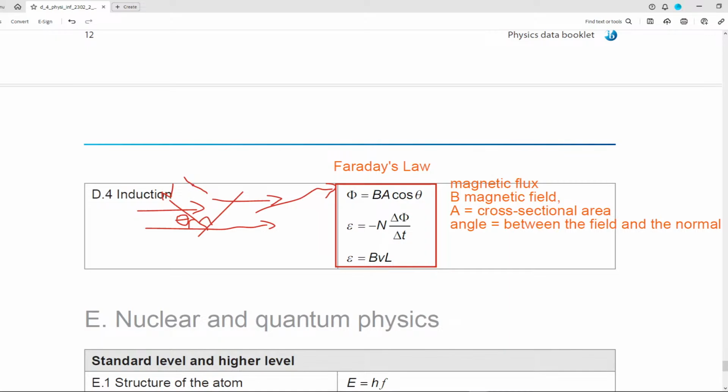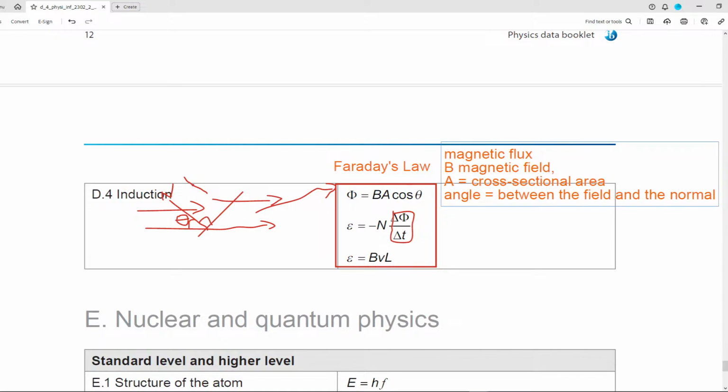And of course the voltage is exactly equal to the change in flux over time. Now, there's an n because sometimes you can have loops. So n here is the number of loops.